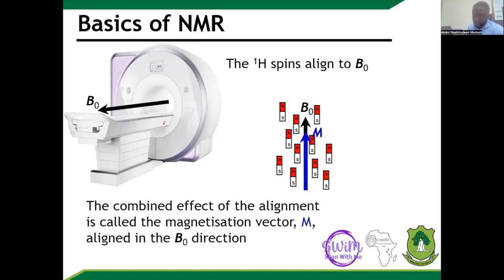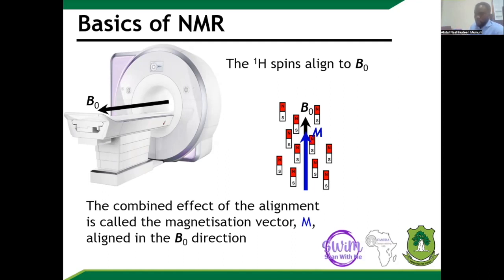In practice, not all of them do this. Some of them would be aligned in opposing directions to the B0 field. And so the difference in these alignments gives rise to the amount of signal we collect in MRI. And how it works out is that those that align against would neutralize those aligned with the field, leaving a small amount of the spins aligned with the field.